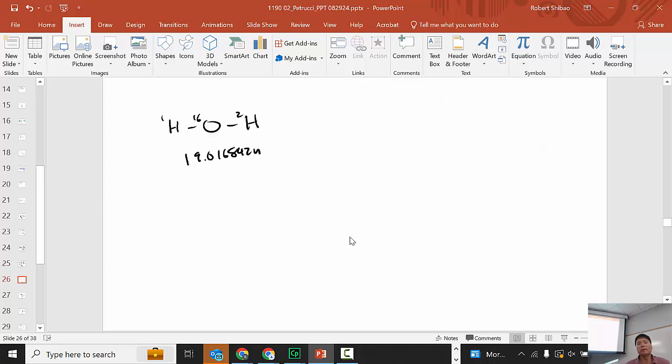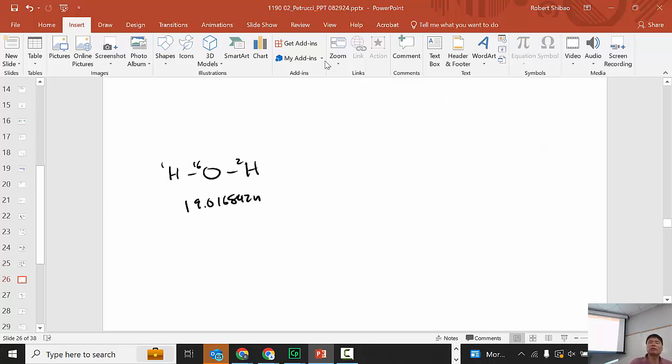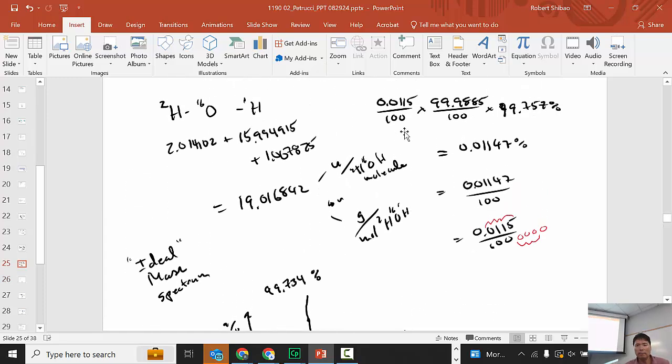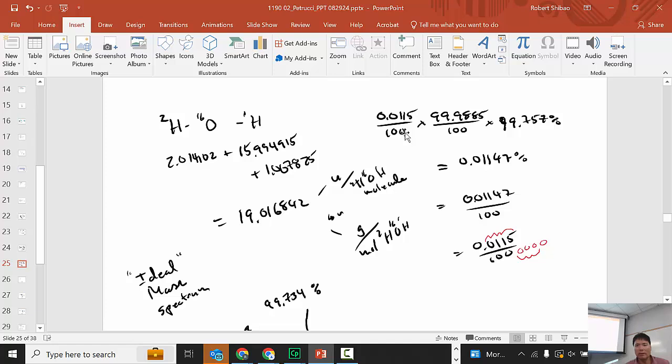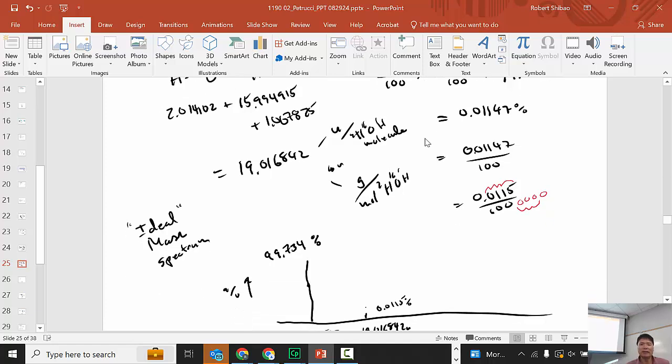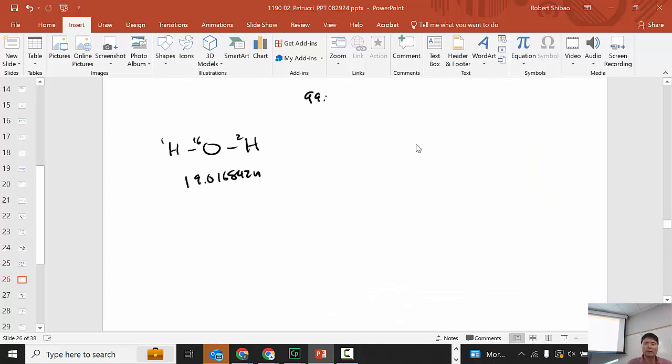It's going to result in a different way of making this molecule. The first hydrogen I grabbed out of the bag was H1 here. What's the percentage of that? I should put these on a piece of paper so I don't have to scroll back and forth. It's 99.9885 out of 100 chance of pulling that.